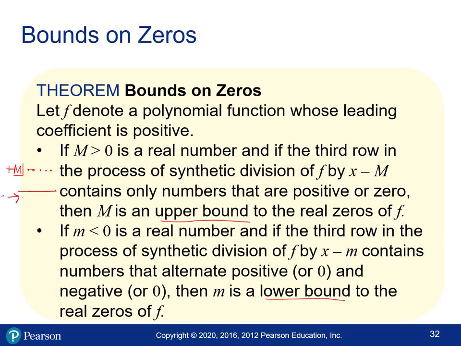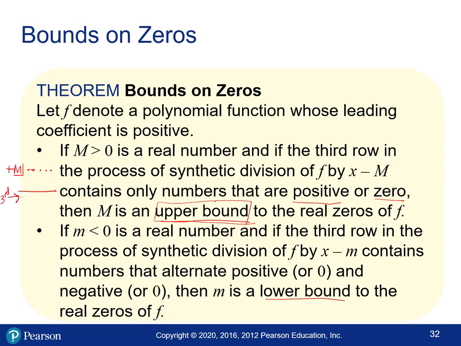The third row down here, if the signs on those numbers are all positive or they happen to be zero, then we call that number m an upper bound, meaning that there's nothing above it.